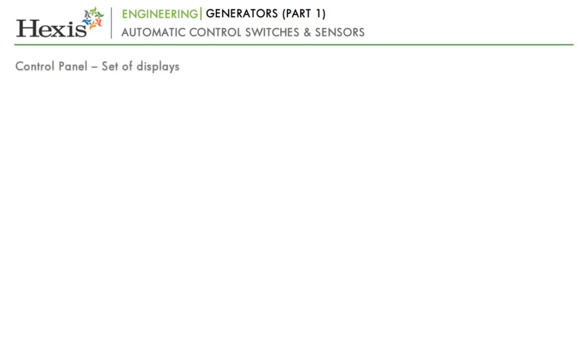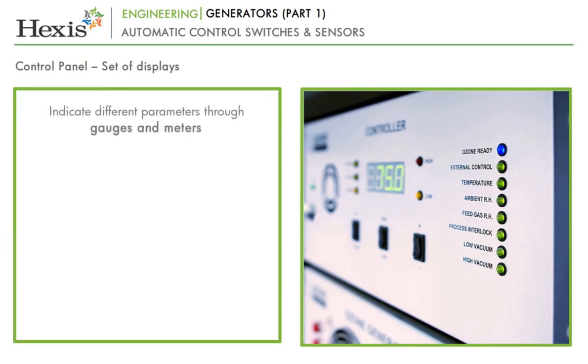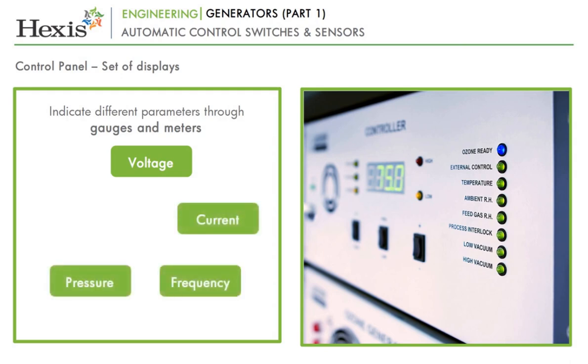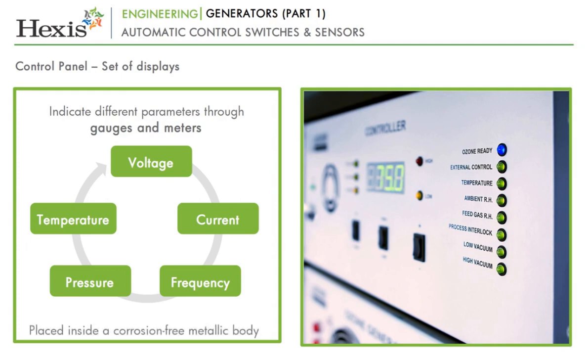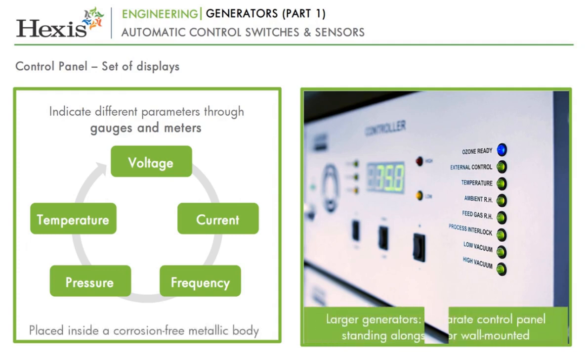The control panel has a set of displays that indicate the measurements of different parameters like voltage, current and frequency, pressures, temperatures through gauges and meters. These are set inside a metallic body that is corrosion free. Larger generators have a separate control panel standing alongside or wall mounted next to the generator.